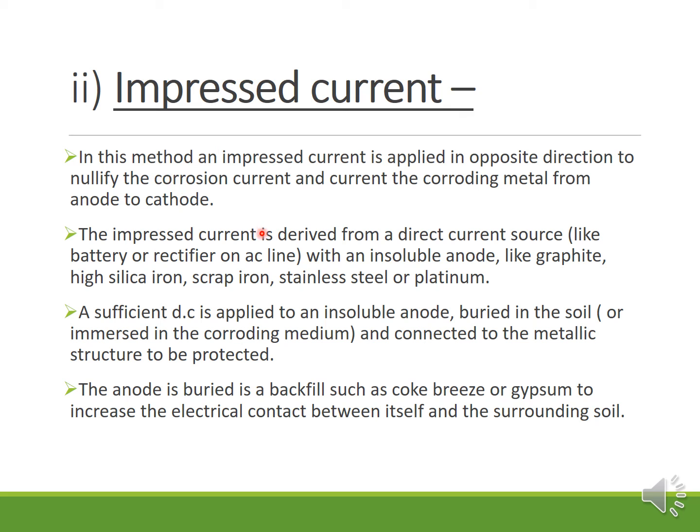In this method, an impressed current is applied in the opposite direction to nullify the corrosion current and convert the corroding metal from anode to cathode. The impressed current is derived from a direct current source like a battery or AC line with an insoluble anode like graphite, high silicon iron, stainless steel or platinum.